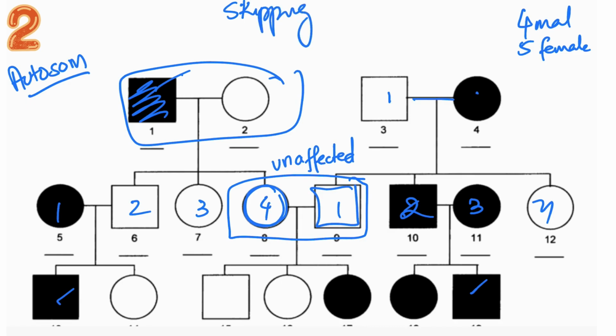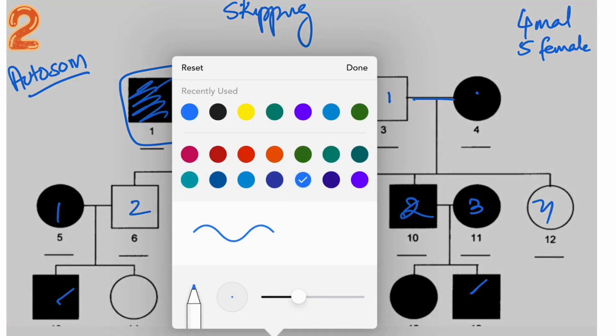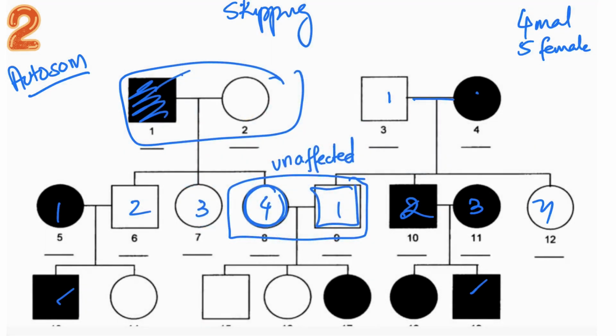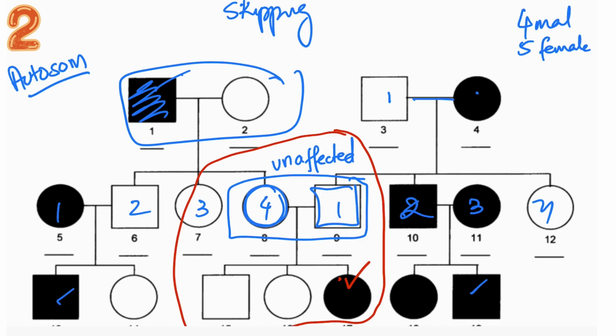Next thing that you need to notice is, if you look at this particular area, let me use a different color, you'll see that these unaffected parents have an affected child. Look, this daughter is affected despite the parents being unaffected. So what does that mean?